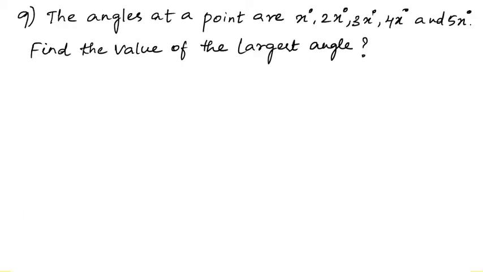Ninth question, the angles at a point are x degree, 2x degree, 3x degree, 4x degree and 5x degree. Find the value of the largest angle. So first the sum of angles at a point is 360 degree.